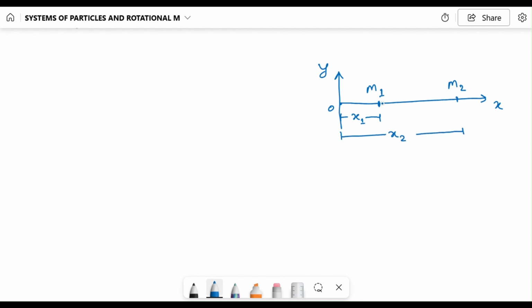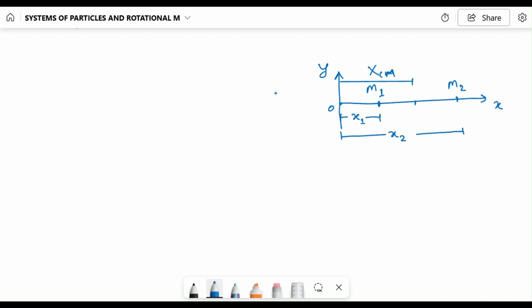Now, if we want to know the center of mass for this system containing these two point masses, let's say the position of center of mass is somewhere here, and this is x center of mass. How can we find out the value of this x?